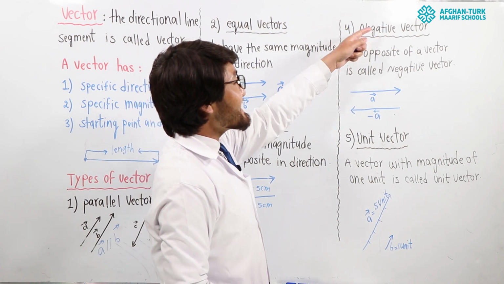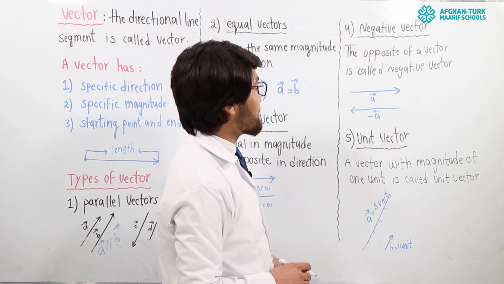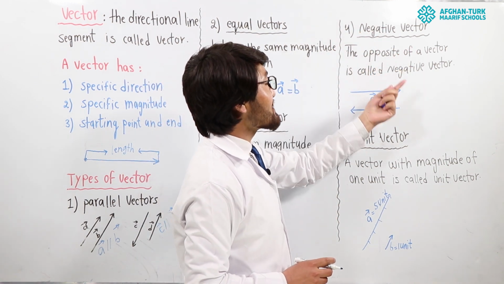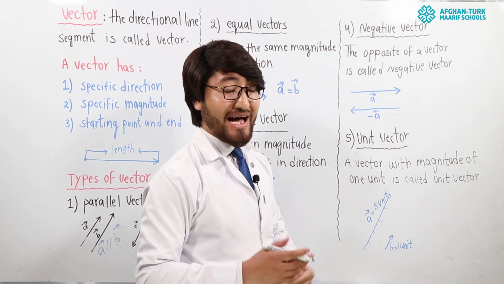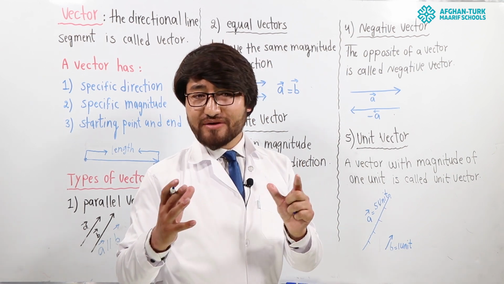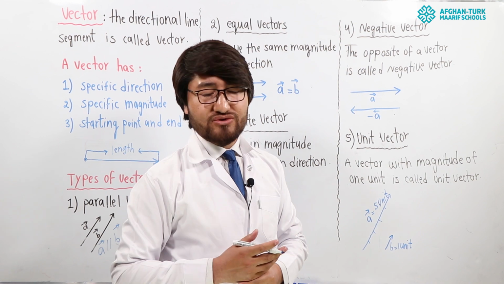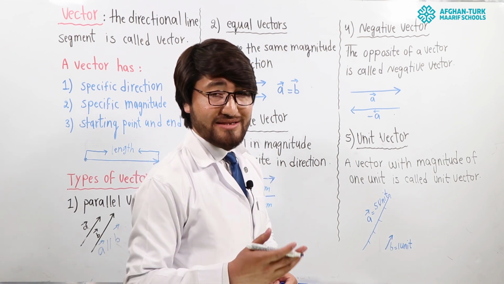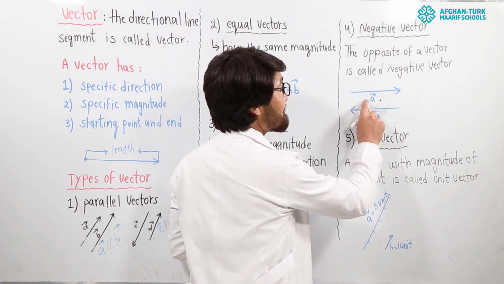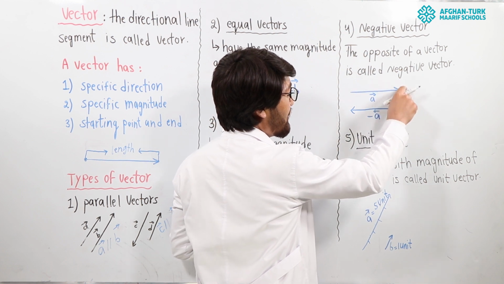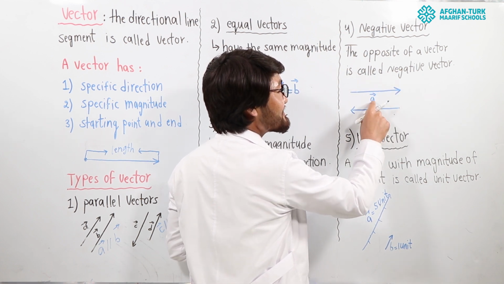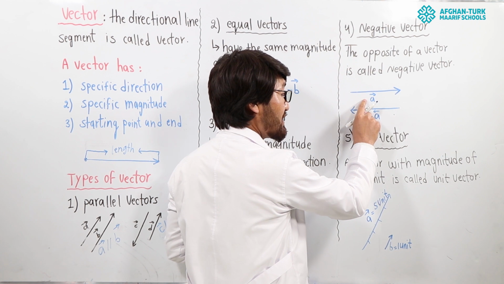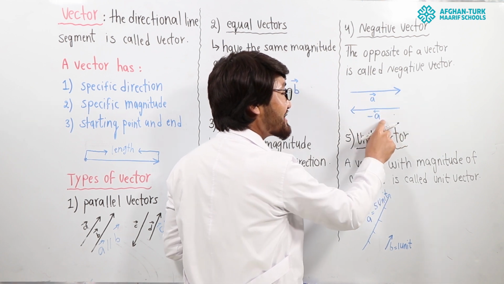Number 5, negative vector. What is a negative vector? The opposite of a vector is called a negative vector. How to find the negative vector of a vector? Here we have a vector. I want to find the negative vector of vector A. I just change the direction.